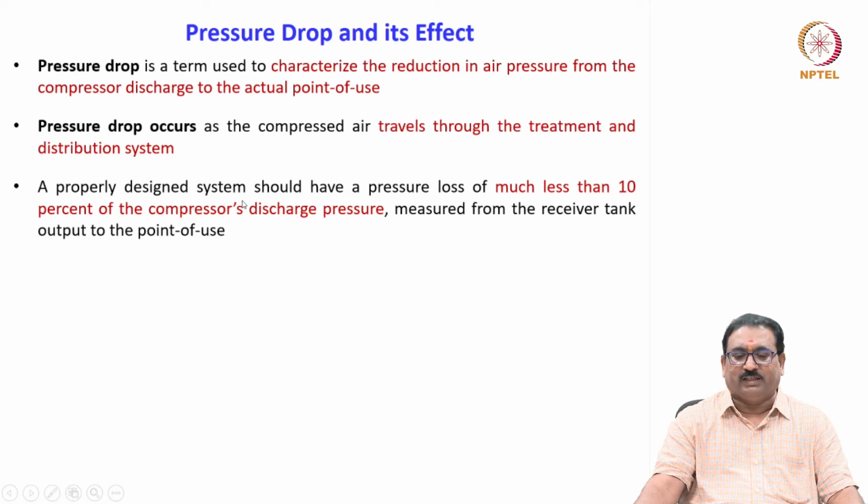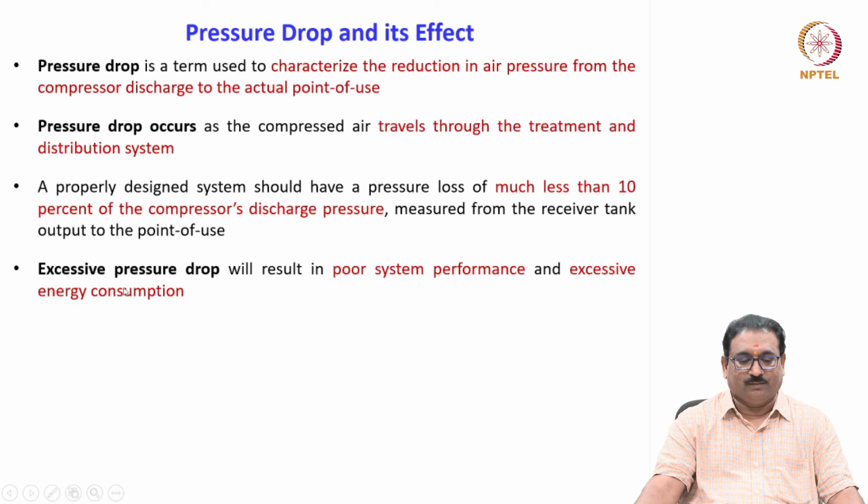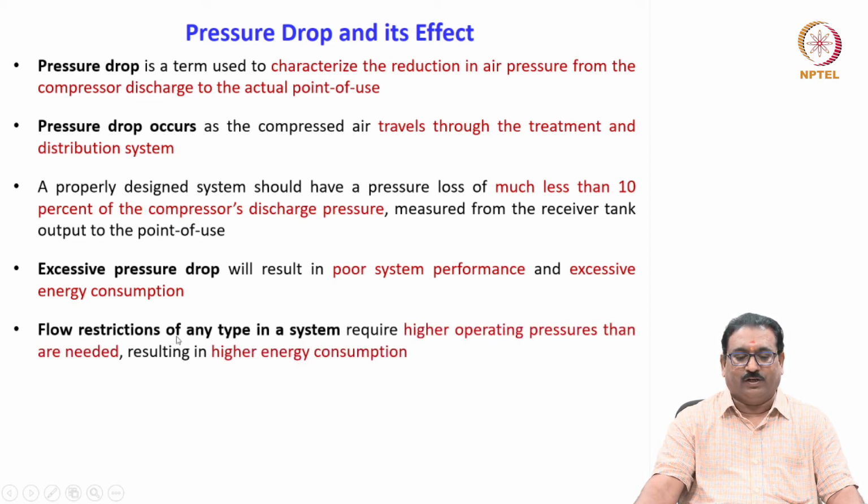A properly designed system should have a pressure loss of much less than 10% of the compressor's discharge pressure, measured from the receiver tank outlet to the point of use. Excessive pressure drop will result in poor system performance and excessive energy consumption.